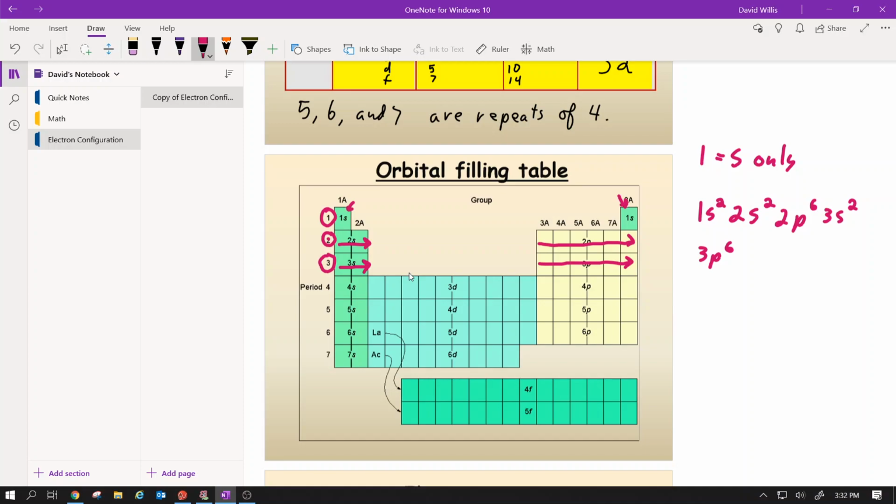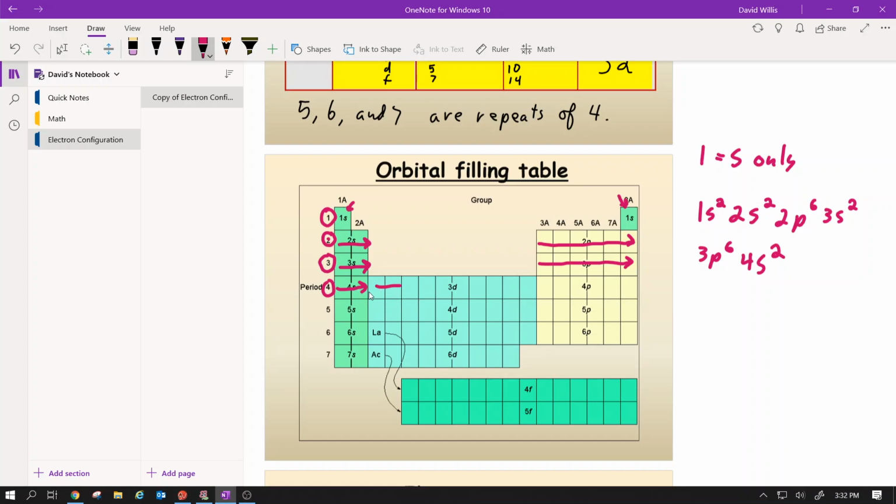So Jessica, it's not going to fill in the 3d yet, because remember how electrons repel each other. And so it actually takes less energy and less effort for the 4s level. So we come on down to the fourth period and fill in 4s before we fill in 3d.